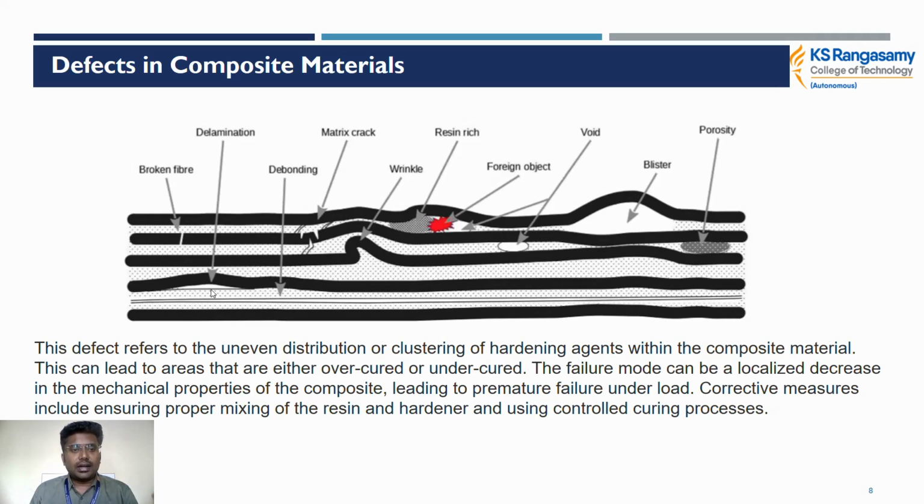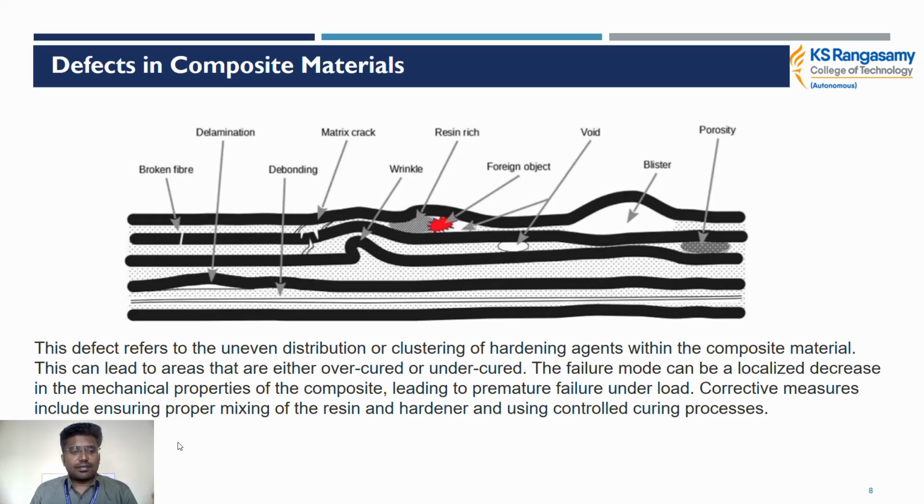Then debonding of the resin side and matrix cracks; without a properly good matrix, cracks will definitely follow. Next are wrinkles, resin-rich areas, and foreign objects, unwanted objects inside the fiber and matrix. And next are voids inside the specimen, and porosity. So these are the major defects affecting composite material.